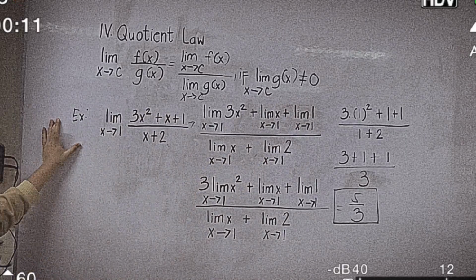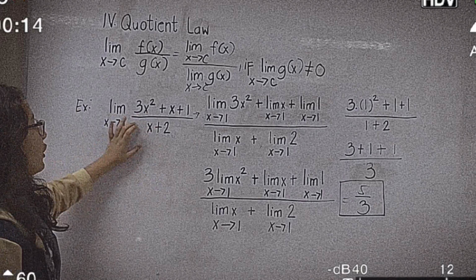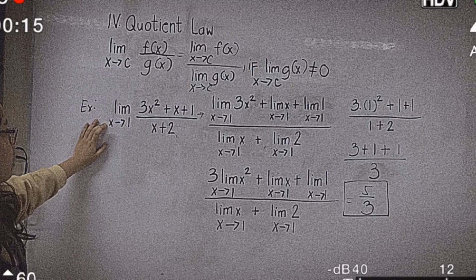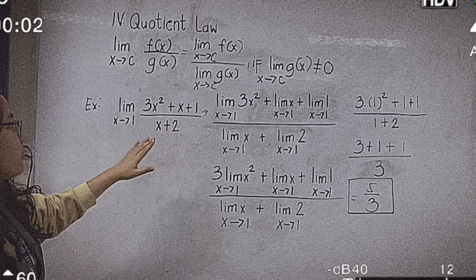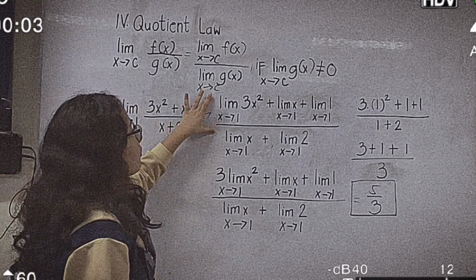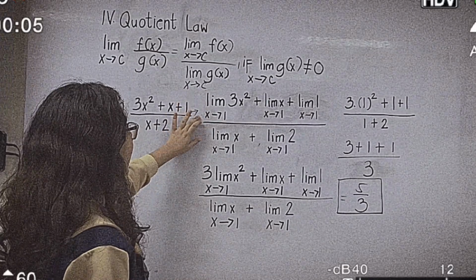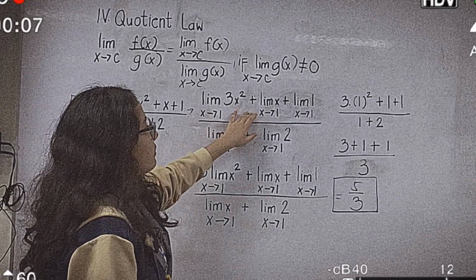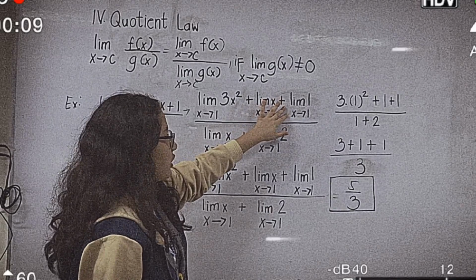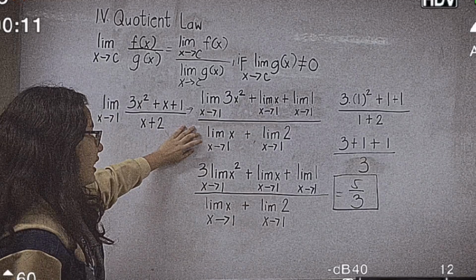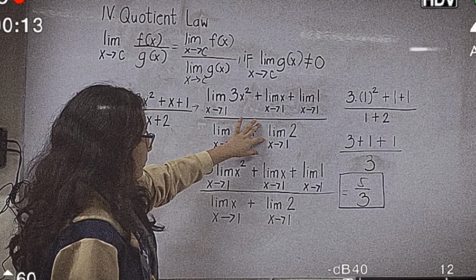So we have here an example. Limit 3x squared plus x plus 1 over x plus 2 as x approaches 1. We'll have first to separate the following terms by adding limit. So, limit 3x squared as x approaches 1 plus limit x as x approaches 1 plus limit 1 as x approaches 1 over limit x as x approaches 1 plus limit 2 as x approaches 1.